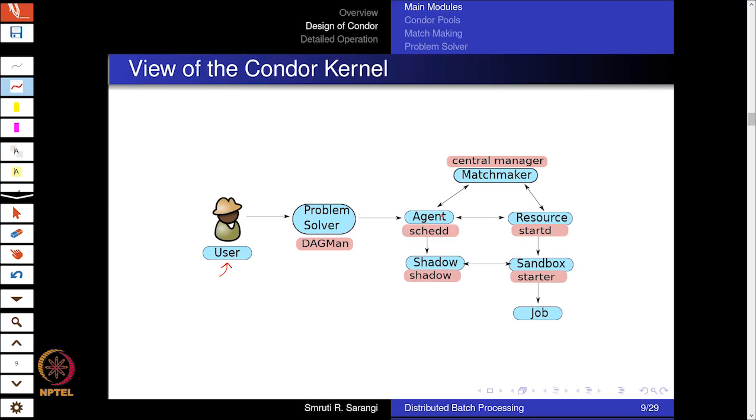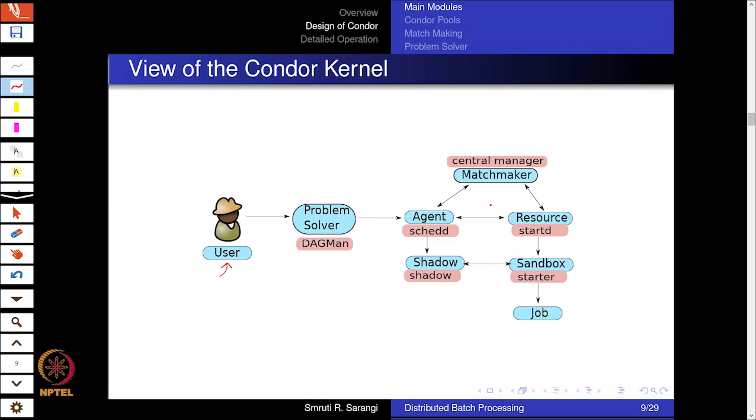And for each job, the job is given to a Condor agent. The agent registers itself with a matchmaker, which tries to pair it with a resource. So the role of the matchmaker here is to pair a job with a resource.